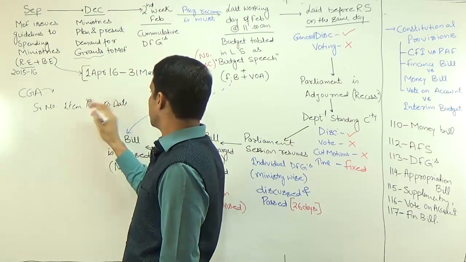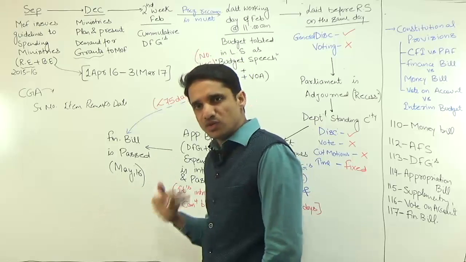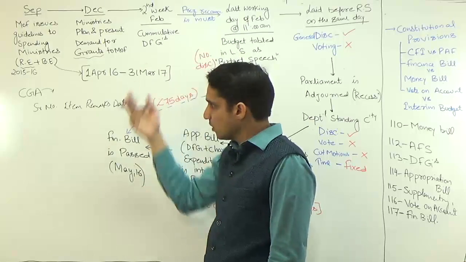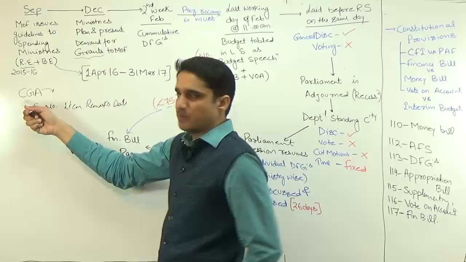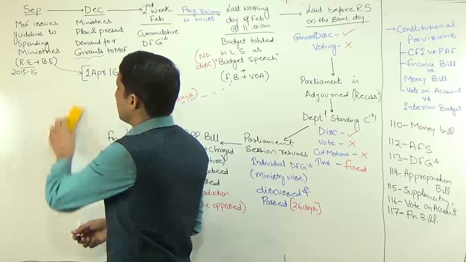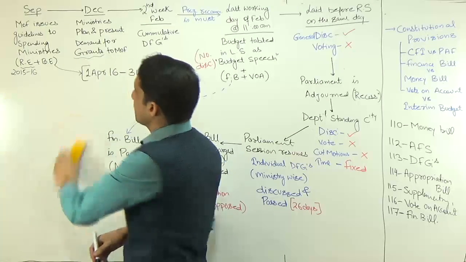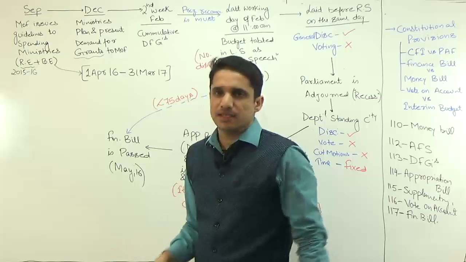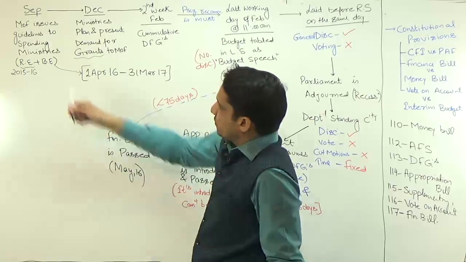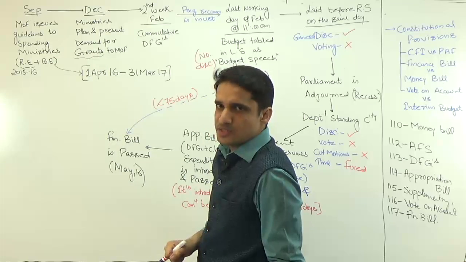In what pattern you have to give the demand for grants, and in what format you should maintain your accounts, the total government accounts, is suggested by the Comptroller General of Accounts, and this CGA is different from the CAG. In detail, these topics must have been covered in polity classes. So in the month of September, the spending ministries get the guidelines from the Ministry of Finance.